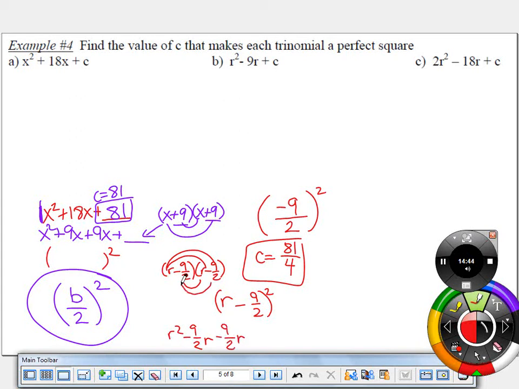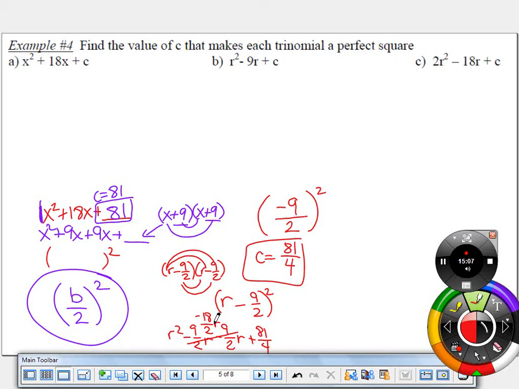And this would give us a positive 81 over 4. Negative 9 over 2 plus negative 9 over 2 is negative 18 over 2. And what's negative 18 over 2? Negative 9. So it did work if I use 81 over 4 as the last number. Okay, it does factor as a perfect square like this.